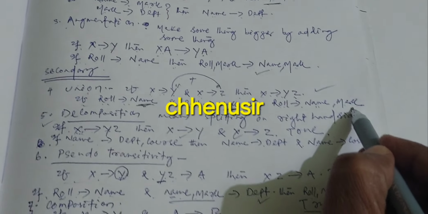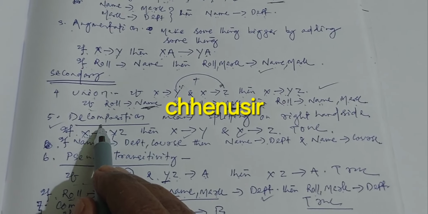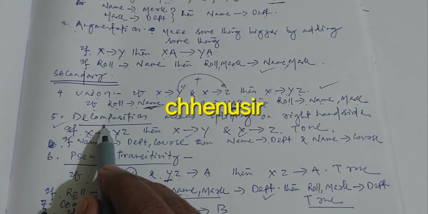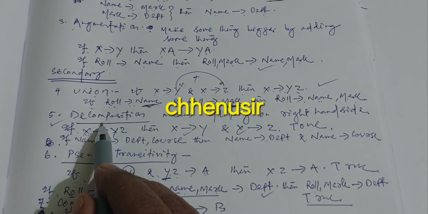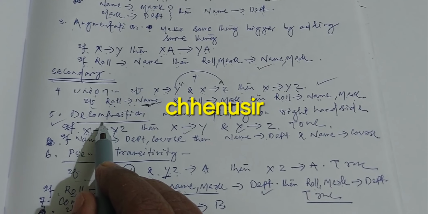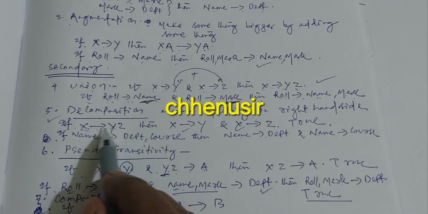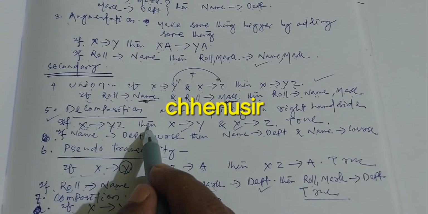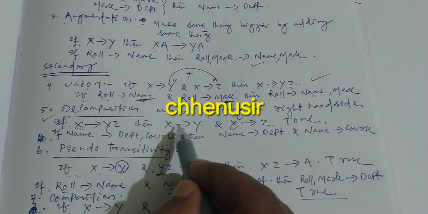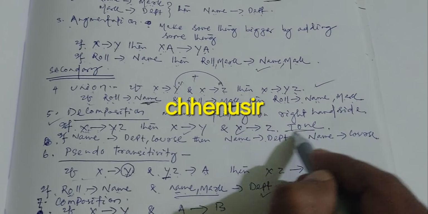Similarly, another concept is decomposition. Its basic principle is that it will split the right hand side of the dependencies. If x determines yz, then x determines y, x determines z. This is true.